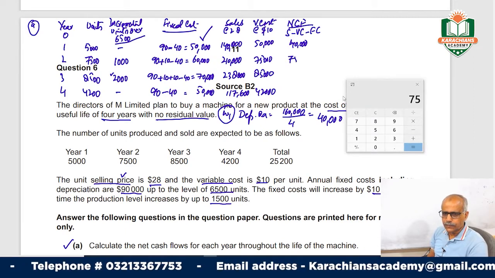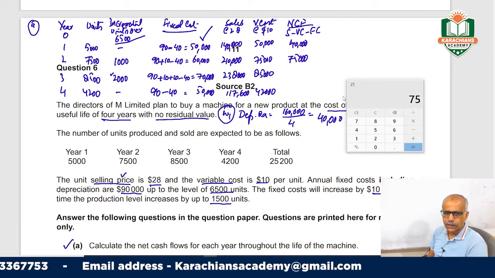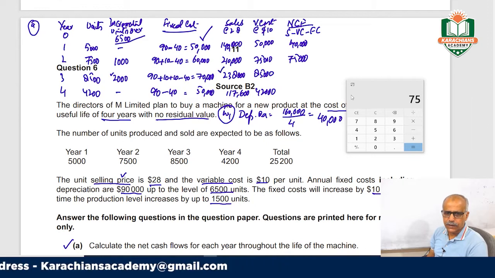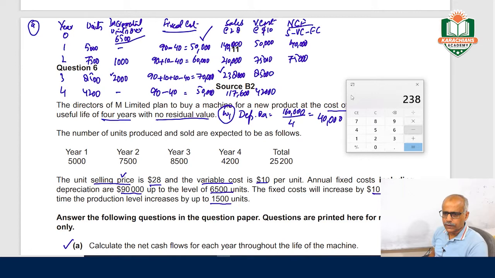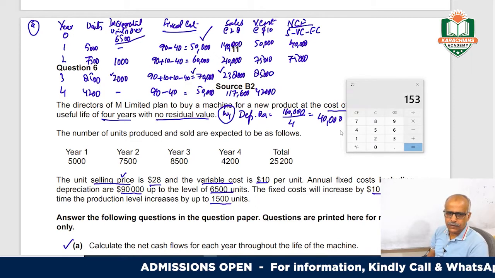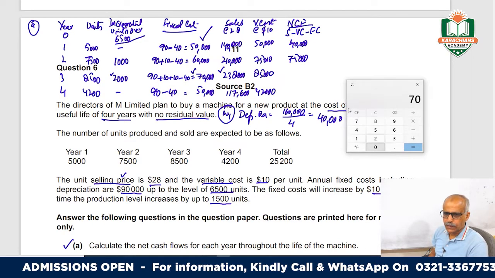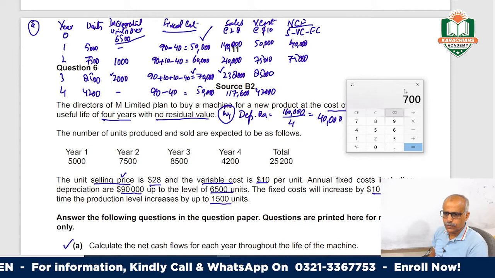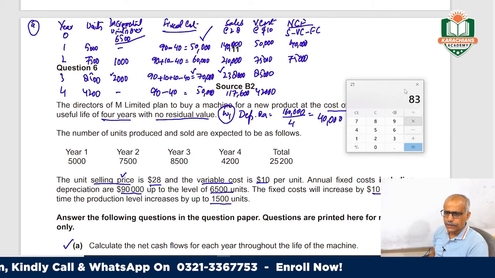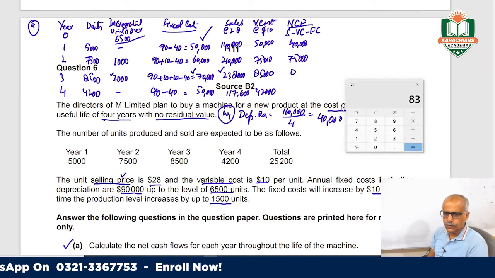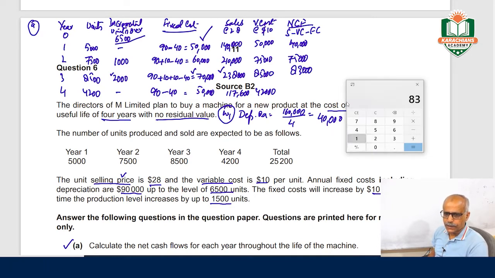So this is 75,000. Now your sales are 238 minus 85,000 is variable cost, then fixed cost is 70. 83,000. So net cash flow will be 83,000. Here 117,600.